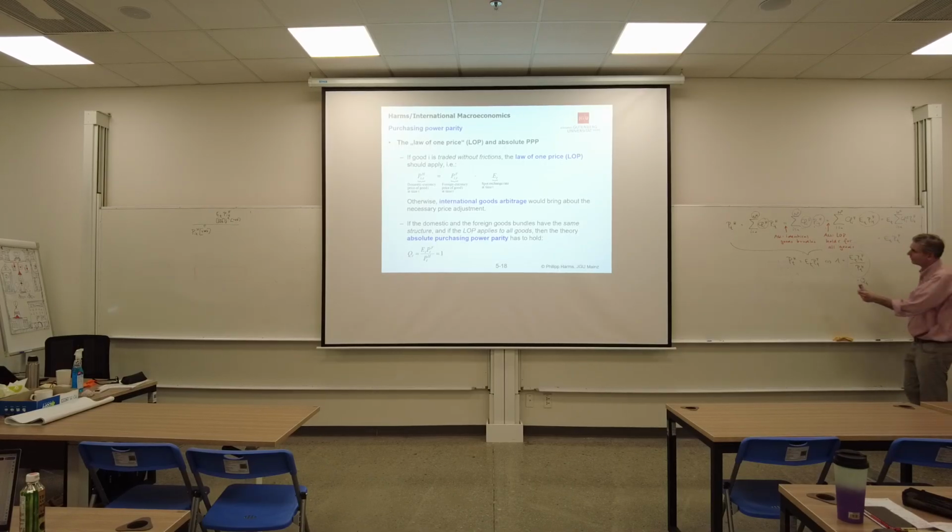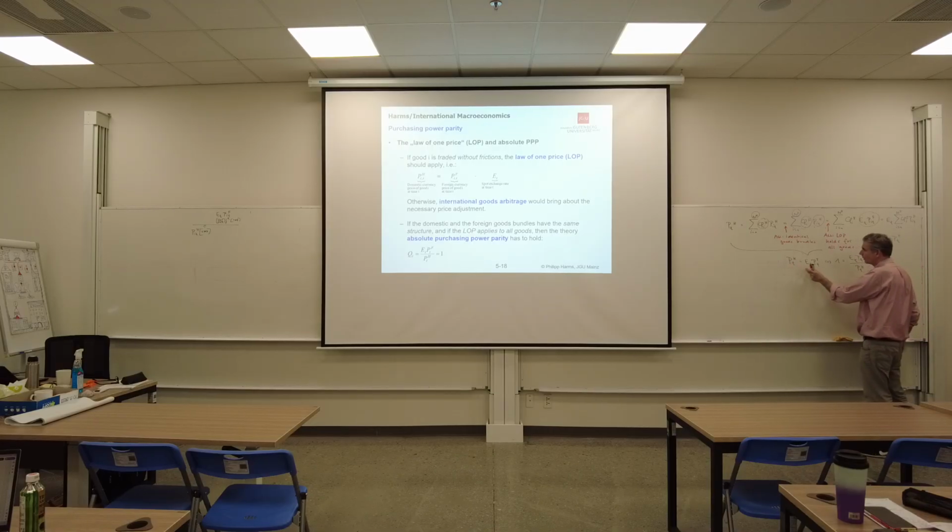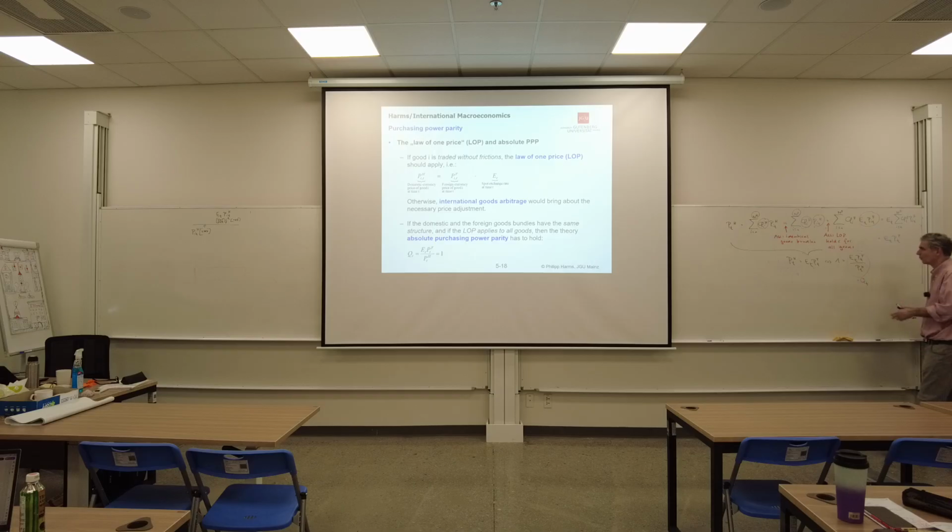Now, what's the difference between this and the law of one price? Now, this refers to goods bundles. The law of one price refers to individual goods. Now, once we have that, we can translate this into this, and this is basically the real exchange rate, and that's the theory of absolute purchasing power parity.